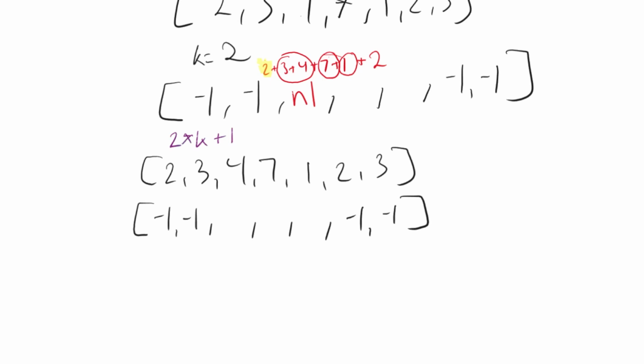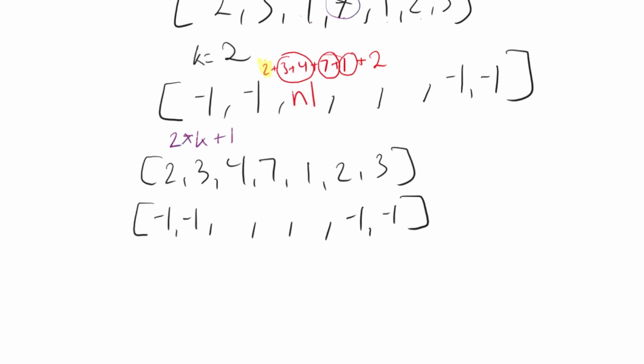So if we have a k of 2, the window size will be 2 times k plus 1, which is just 5. So if we're centered at 7, our window will be 3 plus 4 plus 7 plus 1 plus 2. But let's go back to the example.